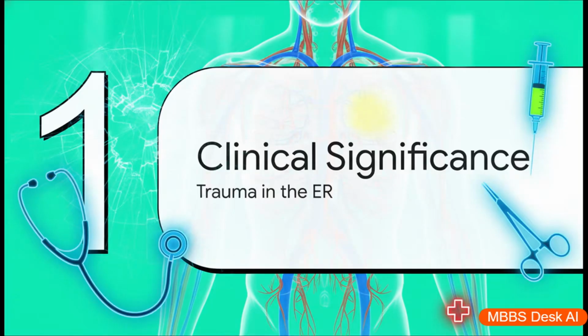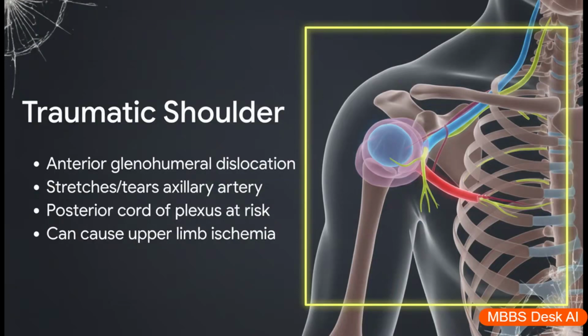Clinical significance. Why this anatomy matters in the ER. Let's pivot from exam memorization to some high-yield, real-world application. Why does this exact anatomy matter when you're working a shift in the emergency room? Well, this area is incredibly vulnerable during trauma. Imagine a patient comes in with an anterior shoulder dislocation. The humeral head is violently forced out of the socket and pushed forward.